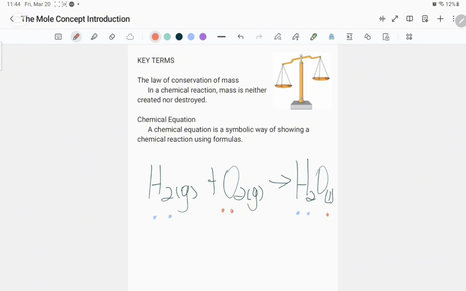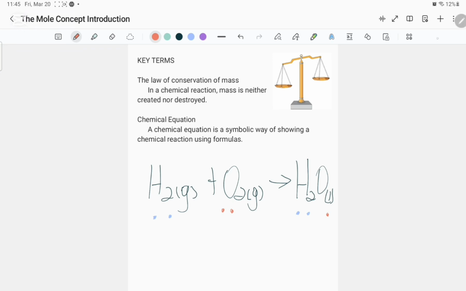In order to balance this chemical equation, first we add something called coefficients in front of the symbol. We cannot change the subscripts of the chemical equation. We simply add coefficients in front of the symbols.